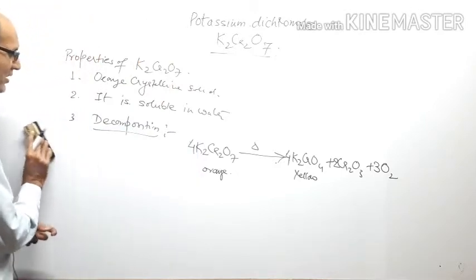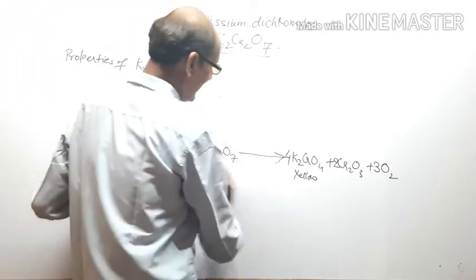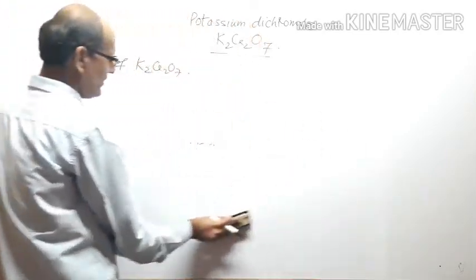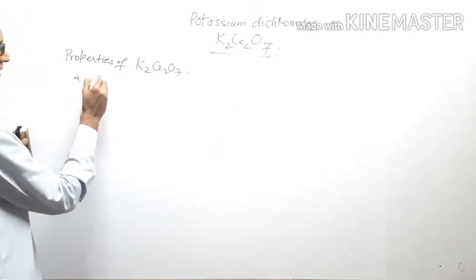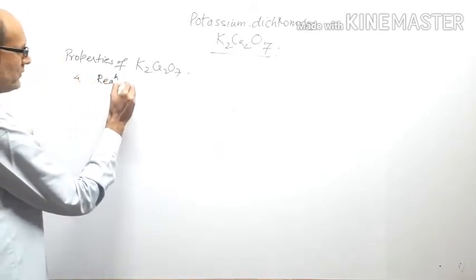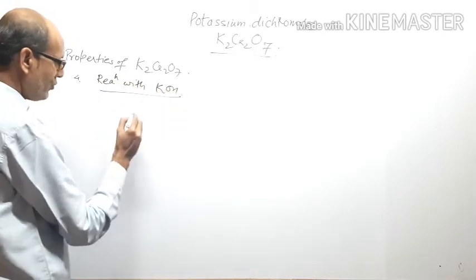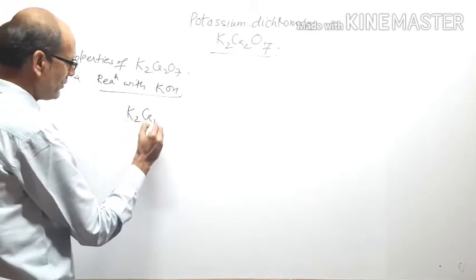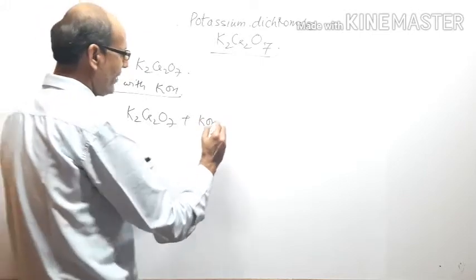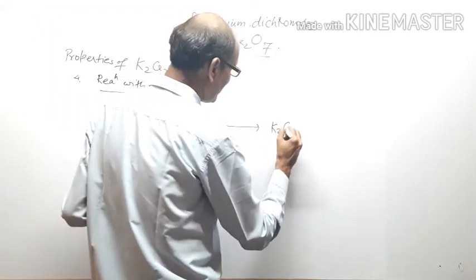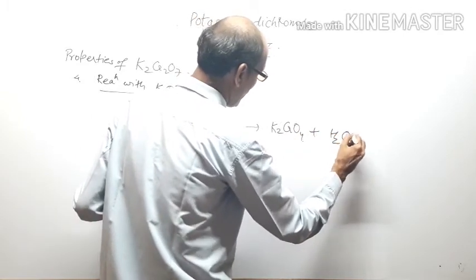Next, if we react it with any base like KOH, reaction with KOH, so K2Cr2O7 plus KOH, it will form K2CrO4 plus H2O.